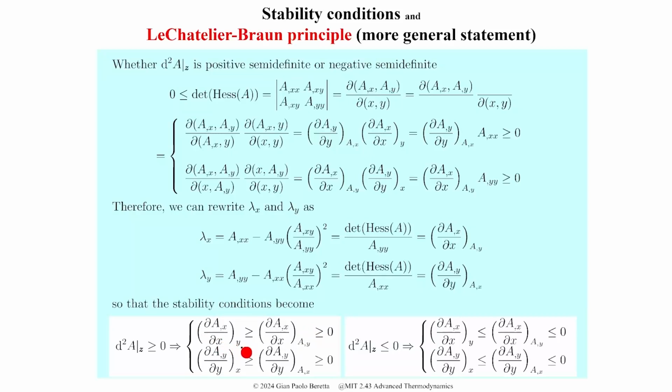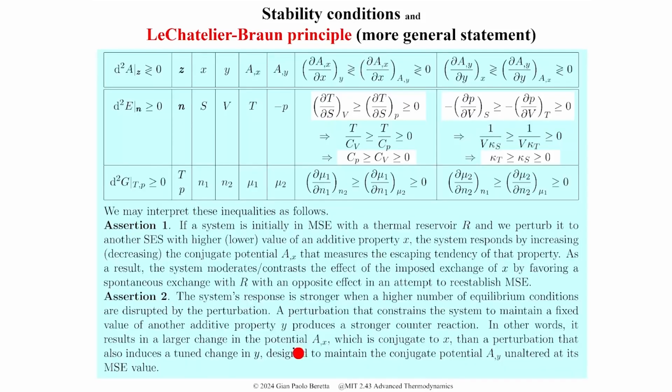Okay. So what changes in these two terms is what is kept constant. Here I keep constant y. Here I say I keep constant the potential conjugated to y. And that's the key to the practical consequences of these mathematics.